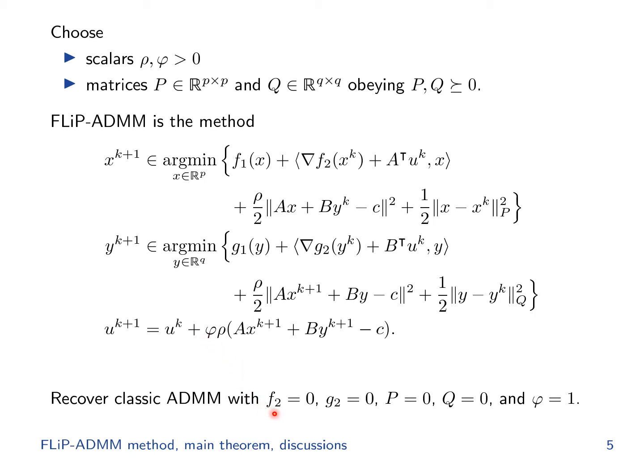If we set f2, g2 to 0, therefore have the two gradient terms vanish, P and Q matrices as 0, therefore have the proximity term vanish, and set rho equals 1, then we recover the classic ADMM.